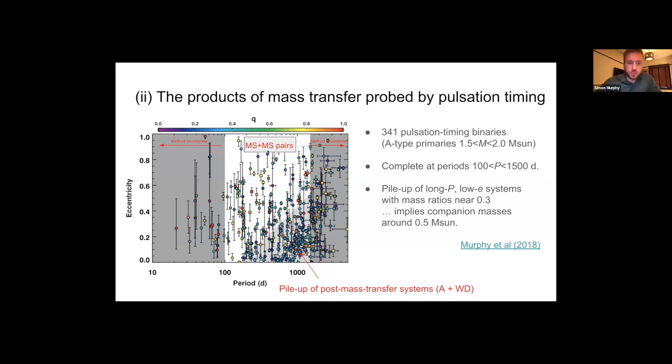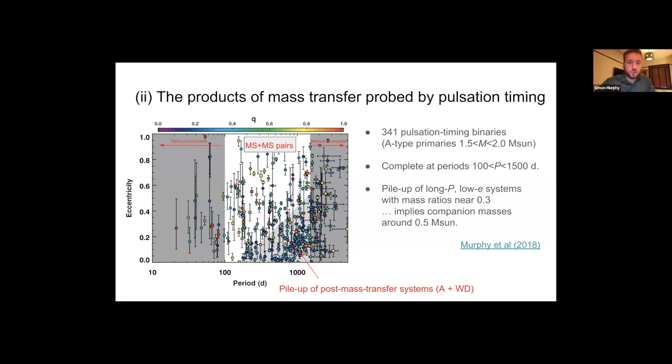What you expect is that at shorter periods and higher eccentricities, so up here in the diagram, you must have main sequence plus main sequence pairs. If either of these stars had become a red giant at some point, then these systems would have rapidly circularized and moved to very short periods. So they would be off the lower left of the diagram. At the bottom of the diagram, these systems could have had mass transfer without necessarily resulting in very short period systems.